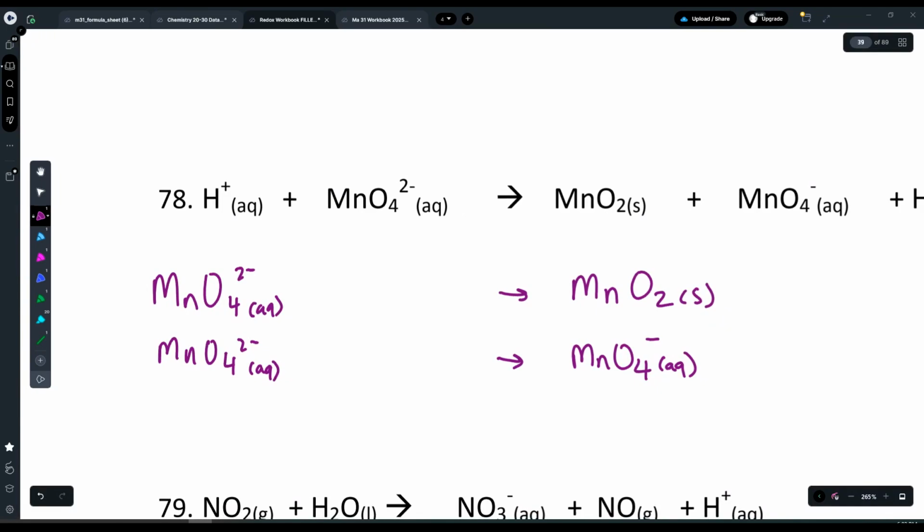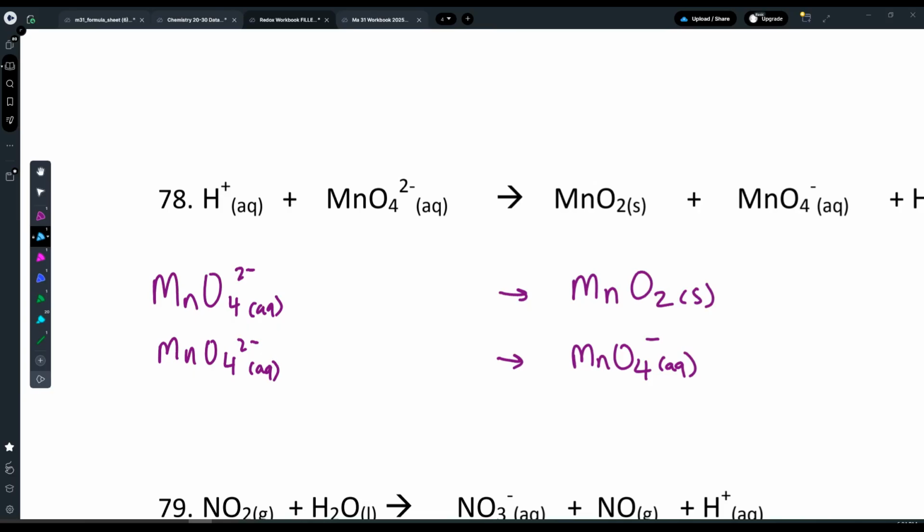First things first, I'm going to make sure that everything that isn't oxygen and hydrogen is balanced. For both of these reactions, for manganese, we have one going in, one coming out, so manganese is already balanced. Now I'm going to move on to balancing out the oxygens using water.